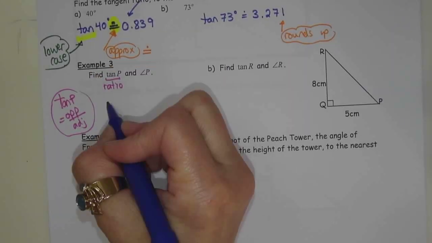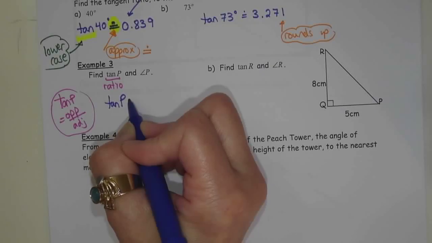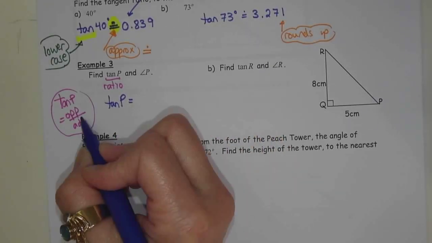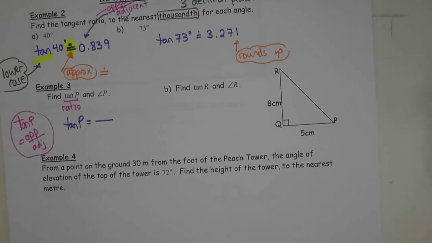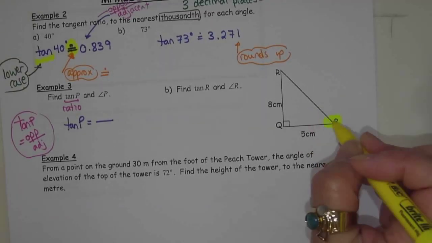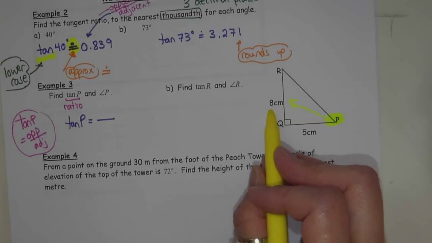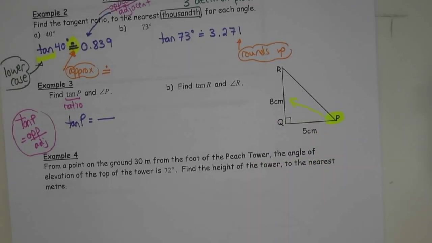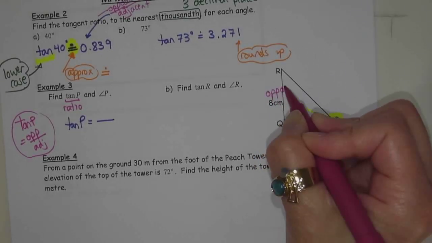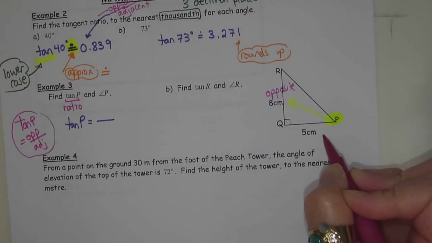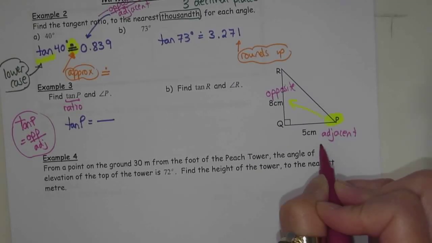So we're going to write tan P equals the opposite over adjacent. When I sit here on P, this is my P side. The opposite would be 8, and my adjacent would be here. Adjacent means beside.